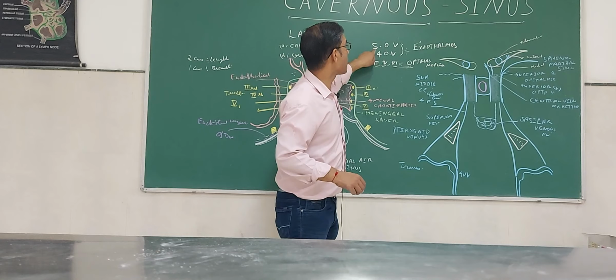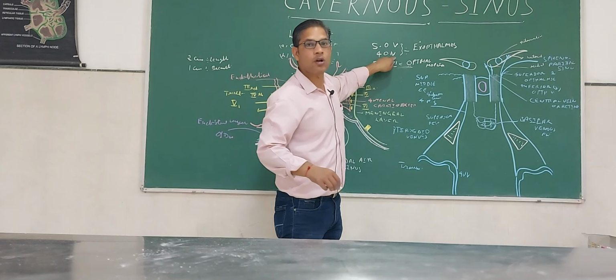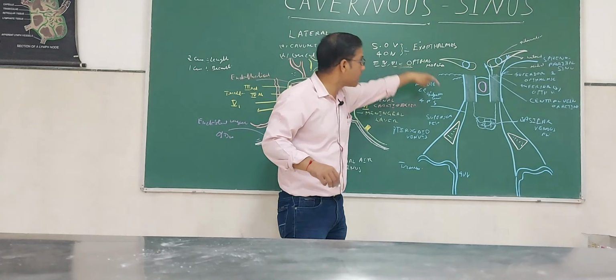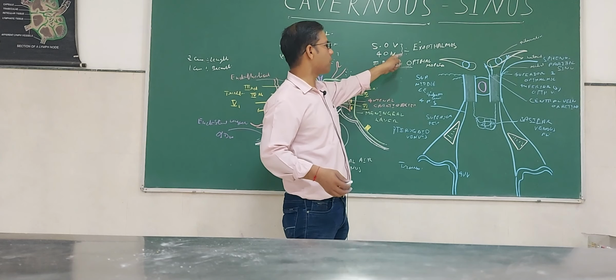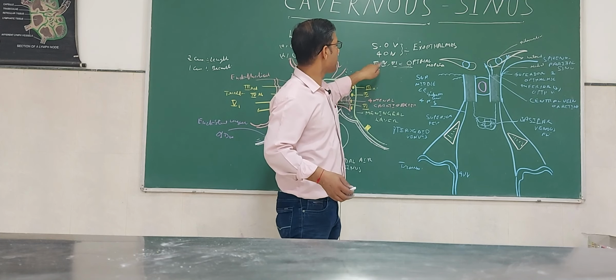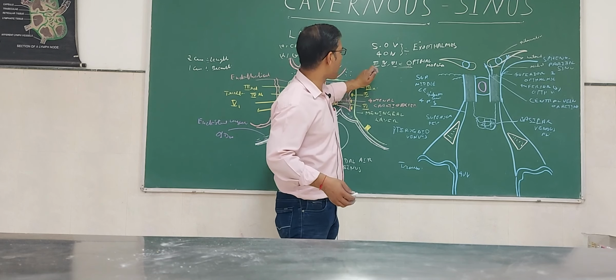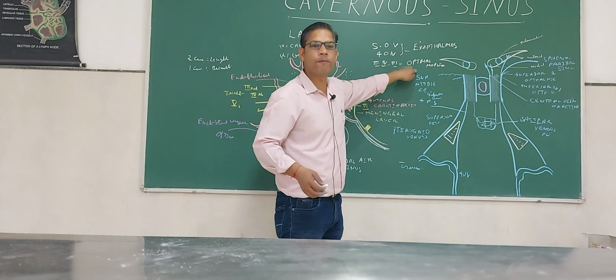One is the superior and inferior ophthalmic vein thrombosis, or not draining blood, which will lead to edema of the eyeball, known as exophthalmos. Second is the paralysis or partial paralysis of the third, fourth, and sixth nerves, ophthalmoplegia.